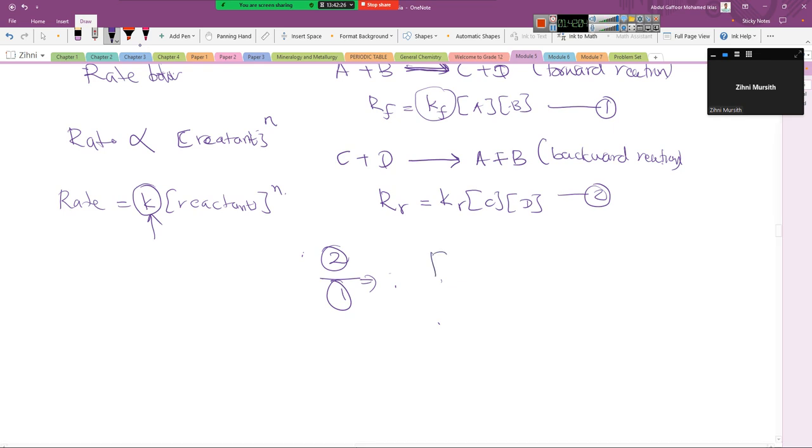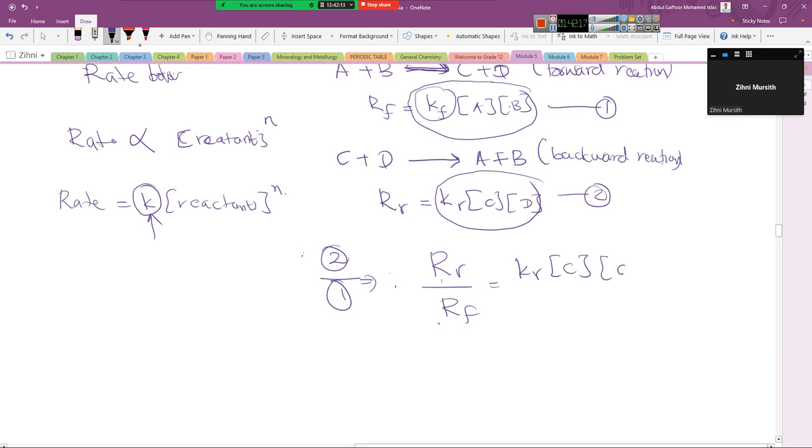RR divided by RF is equal to KR into concentration of C into concentration of D divided by KF into concentration of A into concentration of B, right?